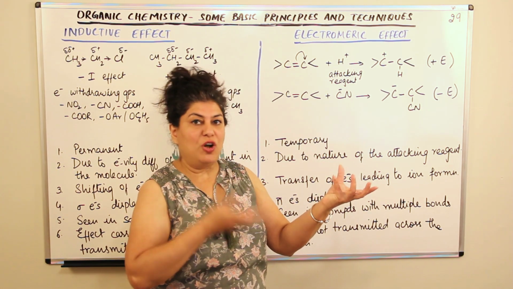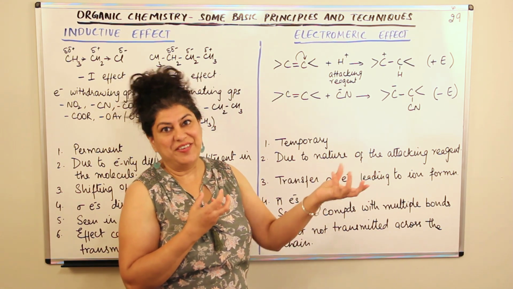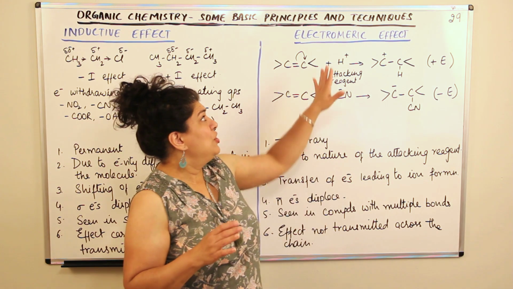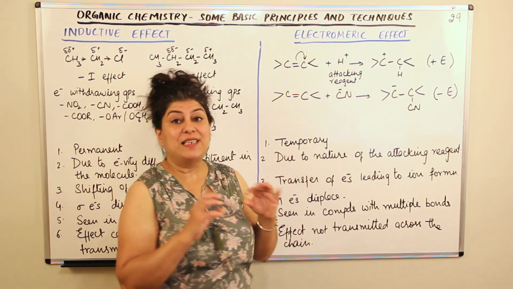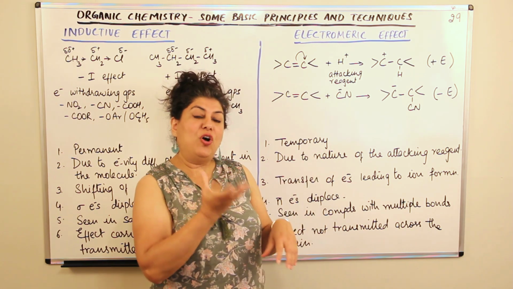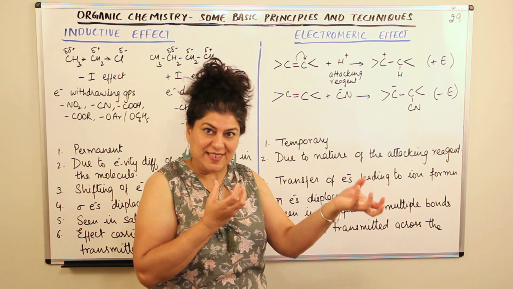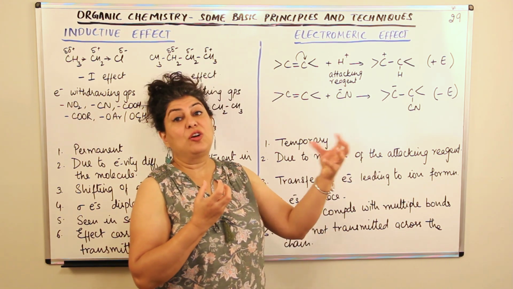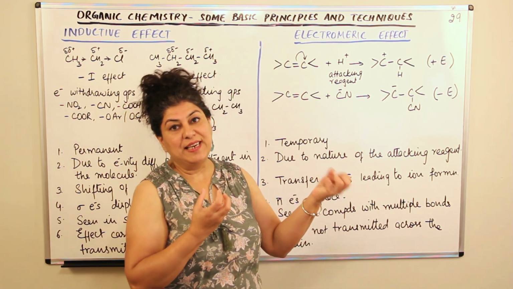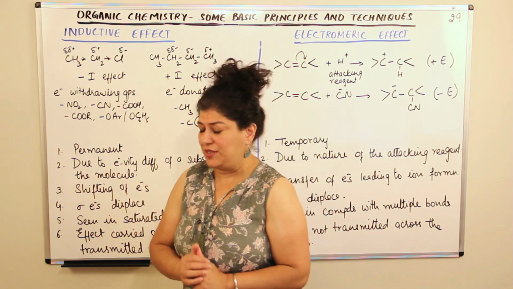So if it is not in the substrate, then automatically it is in the attacking reagent. Right? So we say electromeric effect is a temporary effect because the cause of that effect is not in the substrate, in the molecule itself. The cause is external, so it is present, and the cause is in the attacking agent or the attacking reagent. That is the first difference.